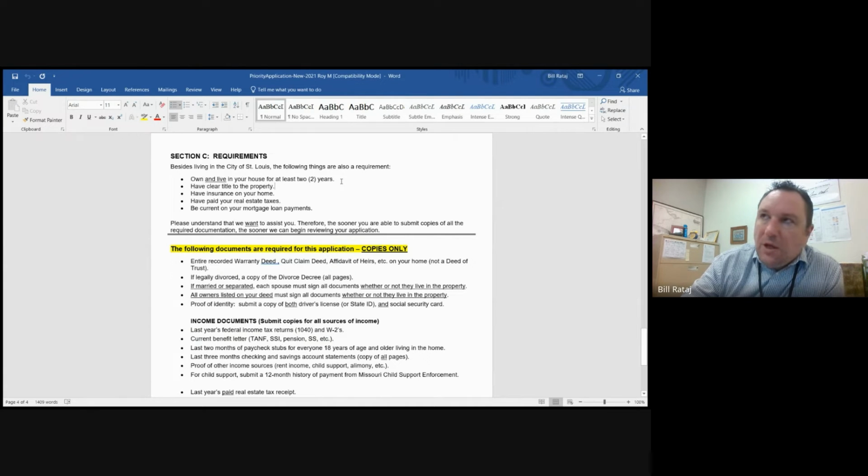So for instance, let's say you used to live in Florissant, but you own this house in the city and you moved into the house 4 years ago, but you never got the ownership address information changed. So the city's assessor believes you still live in Florissant. So the owner's address and the property mailing address both have to match. If it does not, it's going to pose a problem.